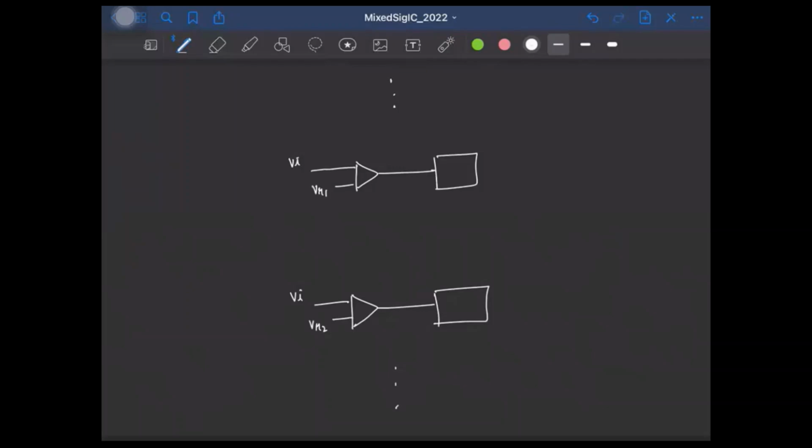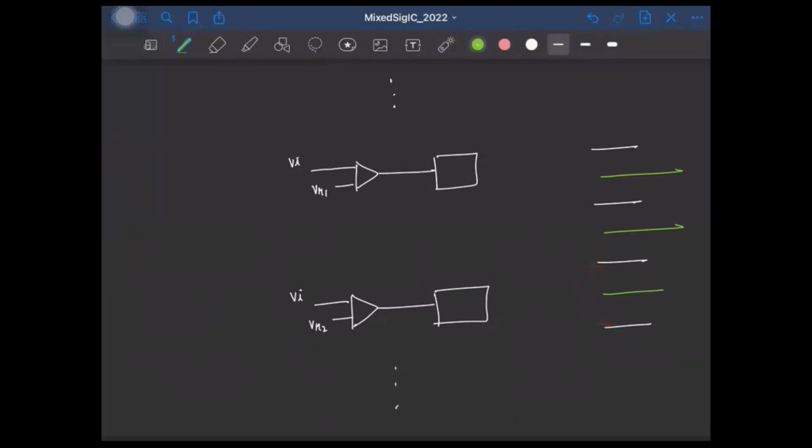So if you want to increase the resolution by 1 bit, you need twice as many preamps and latches. Let us say each comparator is comparing the input with some reference voltages like this. If you want to double the resolution, we need to introduce an additional level between each of these 2 levels.